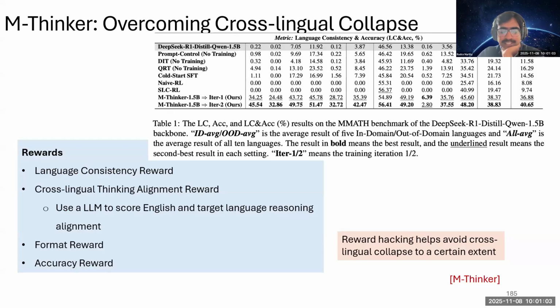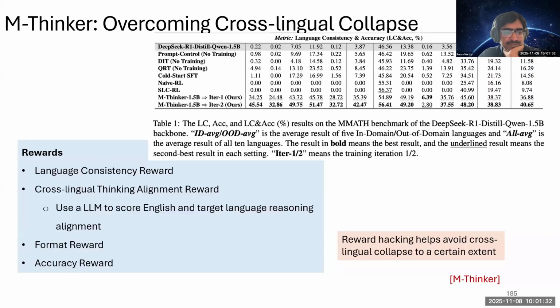So MThinker is another approach which tries to improve upon M2A. MThinker, similar to M2A, also introduces several rewards. The first reward is the language consistency reward, which is the same as what we saw in M2A. In addition to that, we also have the cross-lingual thinking alignment reward, the same as the M2A contextual alignment reward, but instead of using an embedding model, here they use an LLM to score the reasoning trace between the English and the target language.